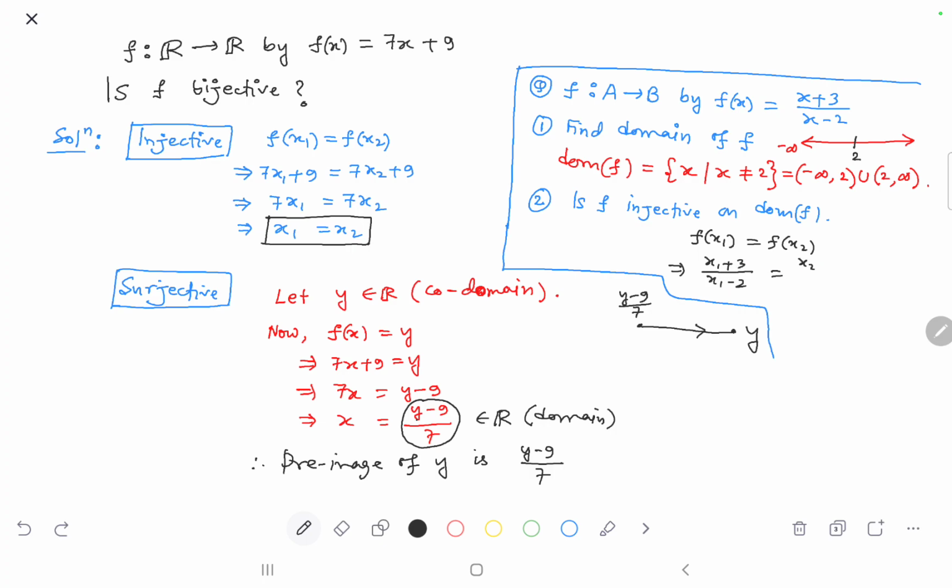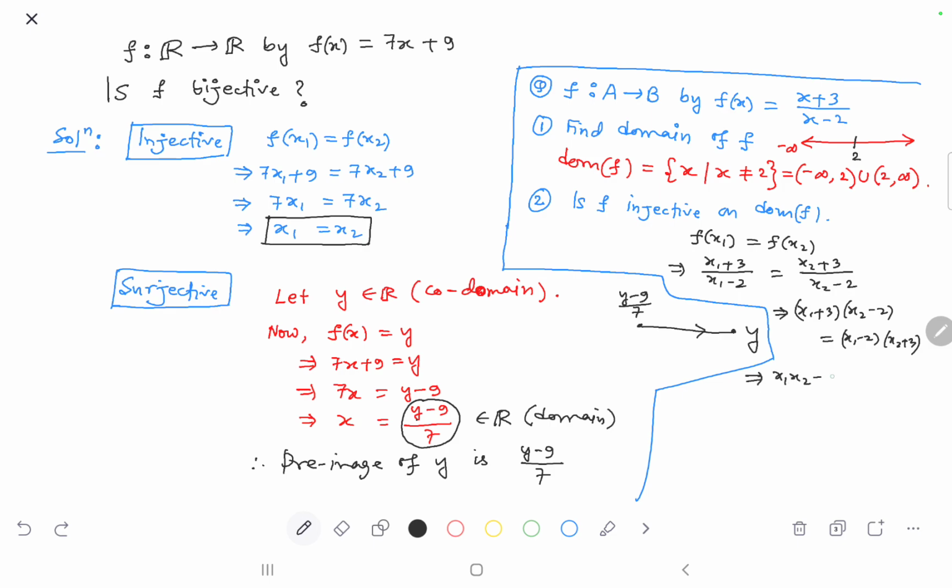Simplify. You can apply cross multiplication. What should we get? I am doing the calculation also here. Just check with me.